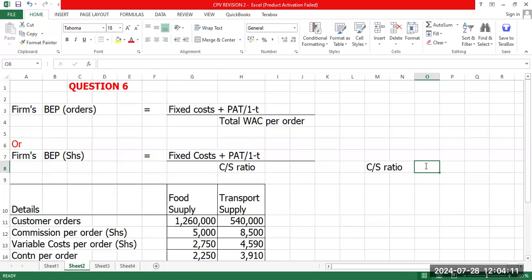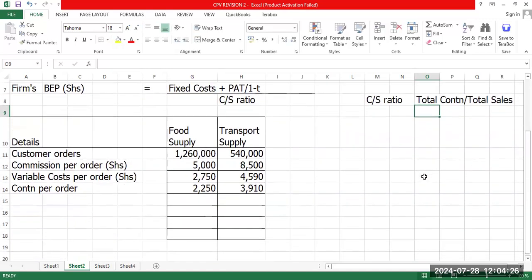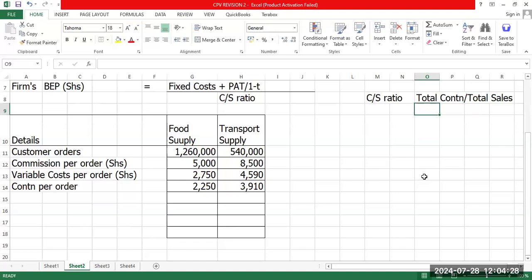One person can first get total contribution, then divide by total sales. Or based on unit contribution, divide by unit selling price. So which one should we use?